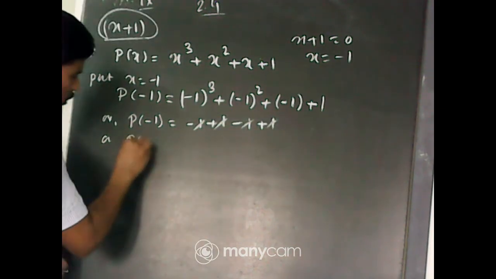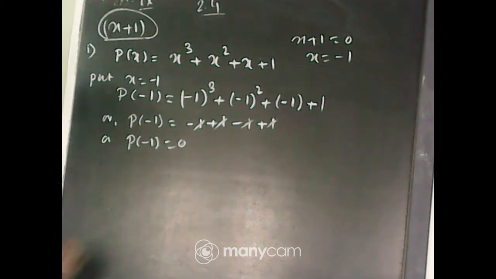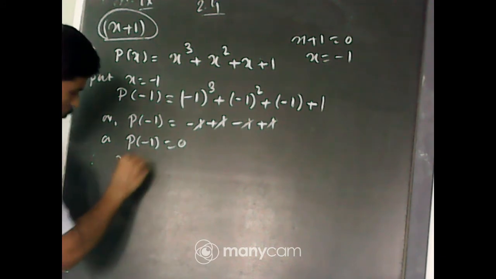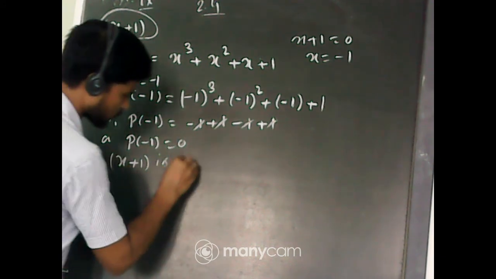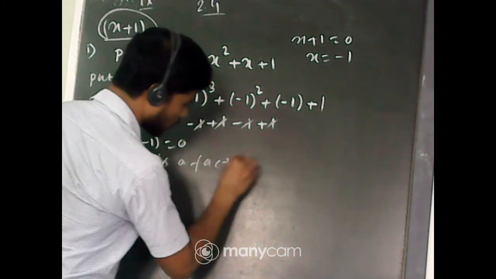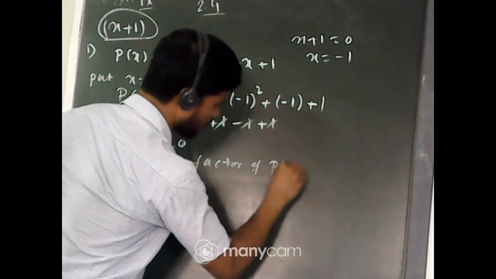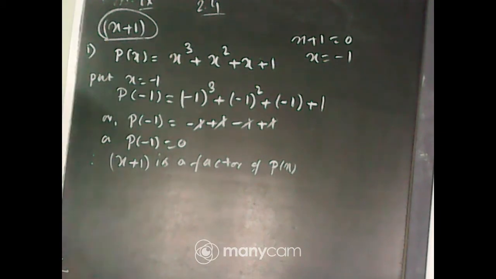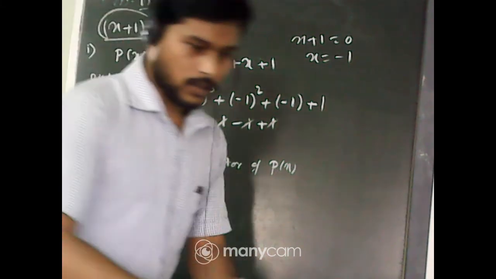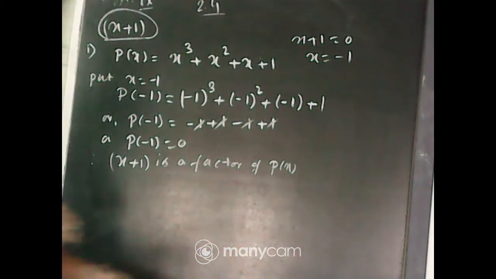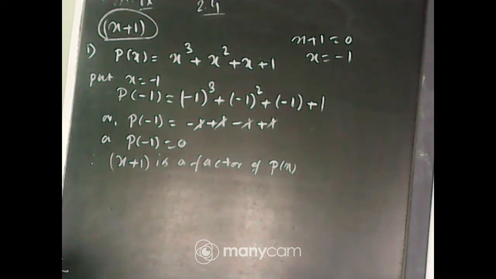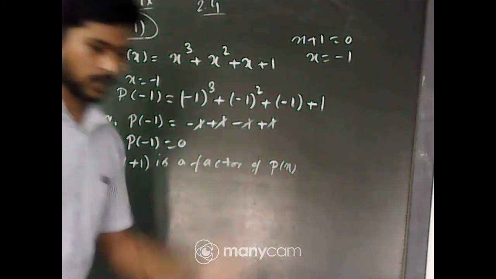So p of minus 1 is equal to 0. So as p of minus 1 equal to 0, therefore x plus 1 is a factor of this polynomial. Understood, students? Any problem? No problem?